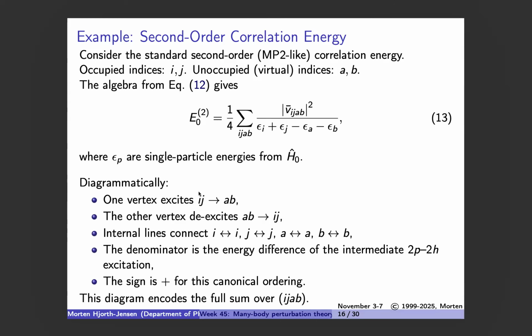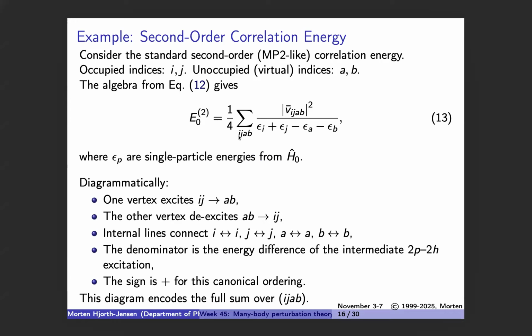So if you look at the example which we have here, this second order diagram, which is a two-particle, two-hole excitation, then diagrammatically you would have to draw a vertex for the states where you go from IJ to AB, so that's the two-particle, two-hole excitation, and then the other vertex actually de-excites from a two-particle state down to a two-hole state.